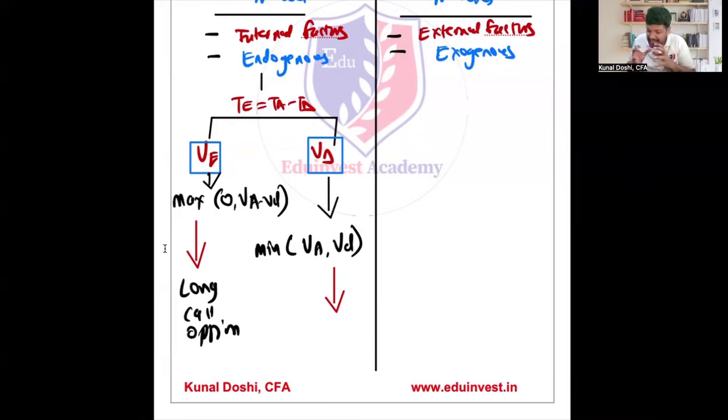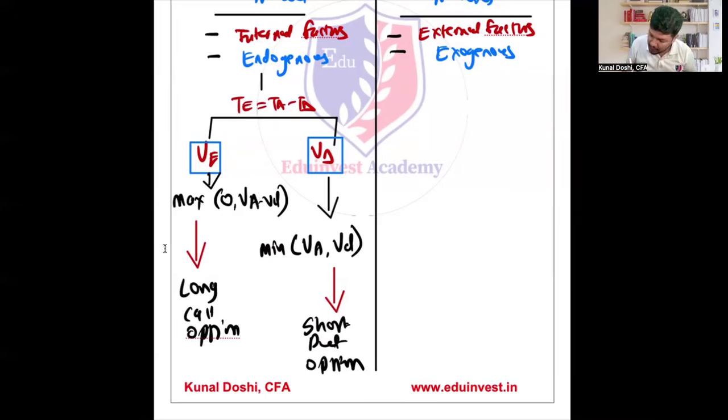But when you're an investor in debt, you will lose when the value goes down, but you will not make more gains when the value goes up. It's like which option? It's like a short put option. Remember, a short put option will lose if the value goes down, but it will not gain enough when the value goes up.